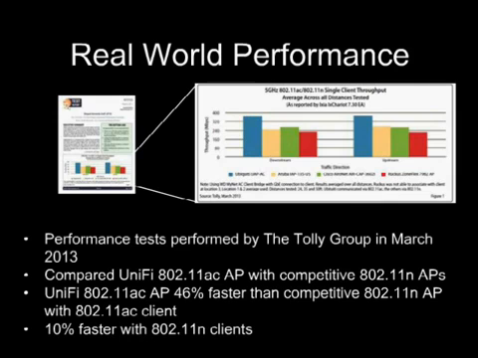But interestingly enough, even an existing 802.11n client performed about 10% faster. This performance test white paper is available on the Ubiquiti website. Just go to ubnt.com, click on UniFi, and you'll see a link to download this Tolly Group report. And it's also completely free. You don't even have to sign up. You can just download the report and read it at your convenience.